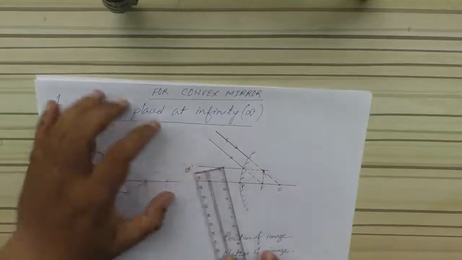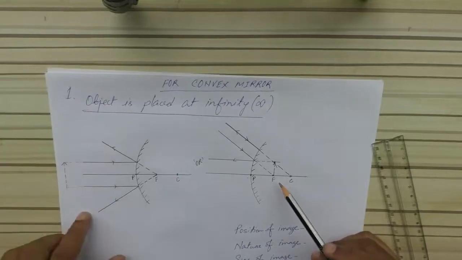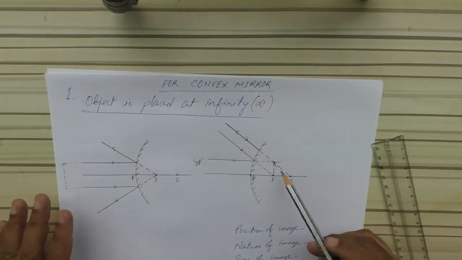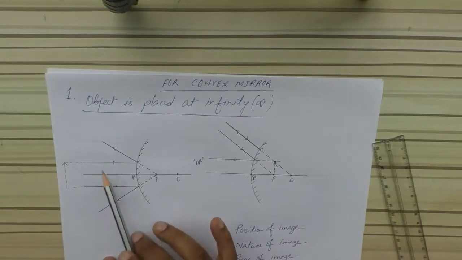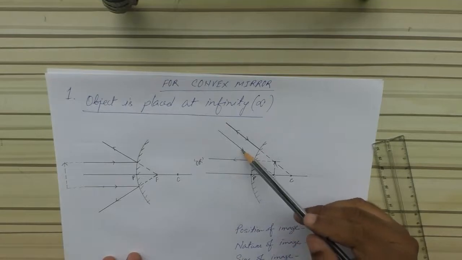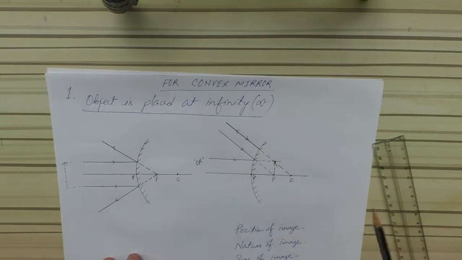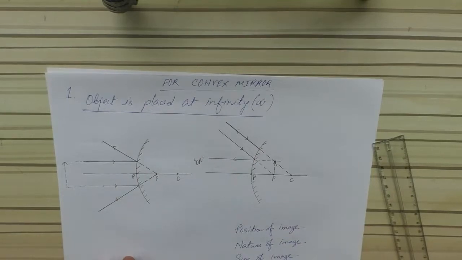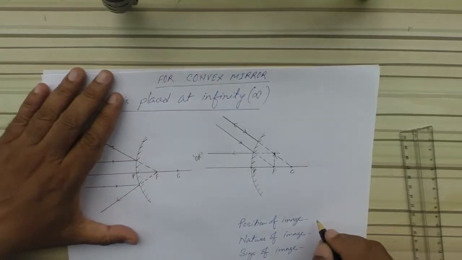So if object is placed at infinity, image is formed at focus. The first one is convenient, but the second one is for another pattern. In the first one, incident light rays are parallel to the principal axis. In the second one, incident light rays are not parallel to the principal axis, but in both the cases object is placed at infinity. So if I ask you what is the position of image, at focus.